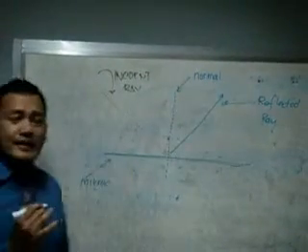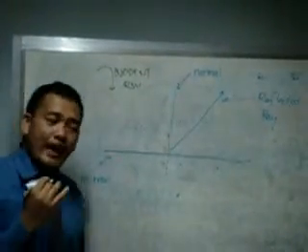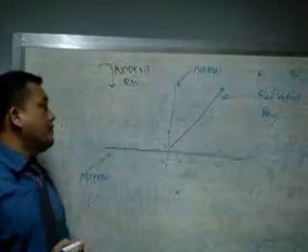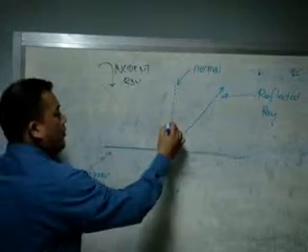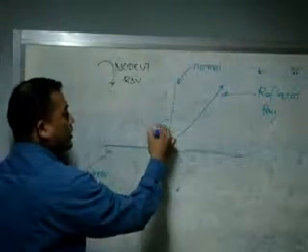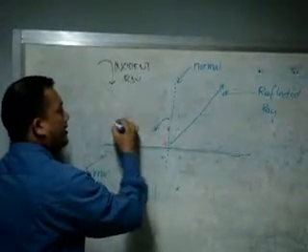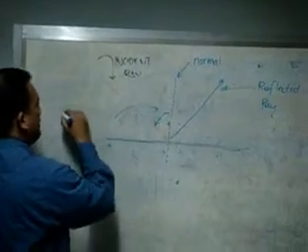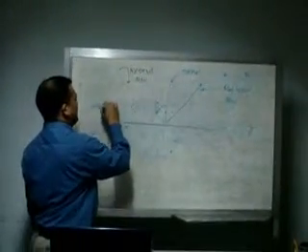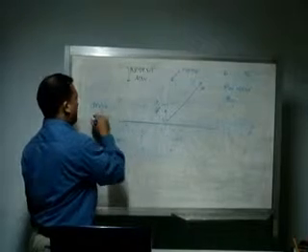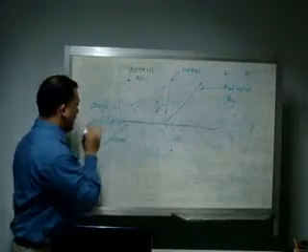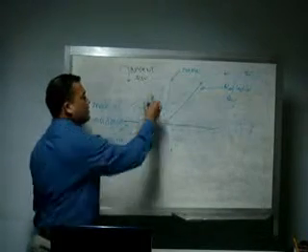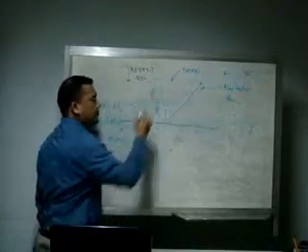Now, the angle relative to the normal with the incident ray, we call the angle of incidence, or we represent it as the angle theta.